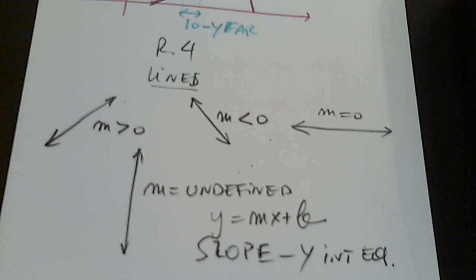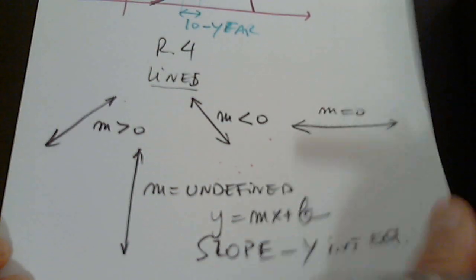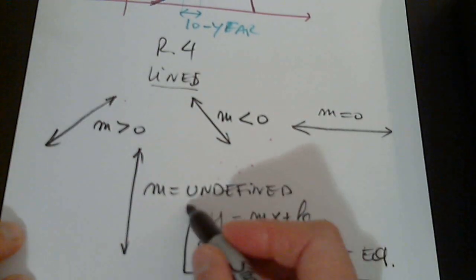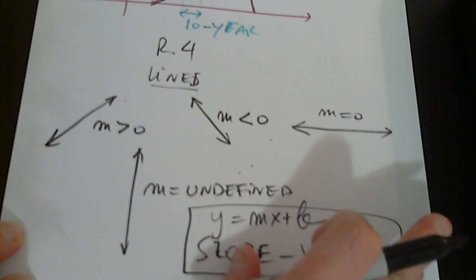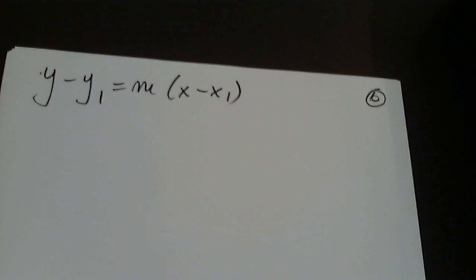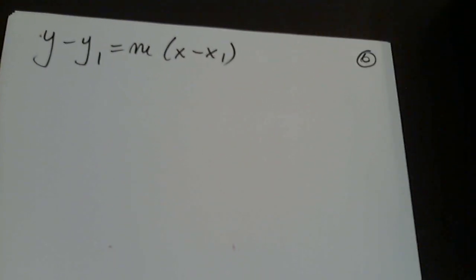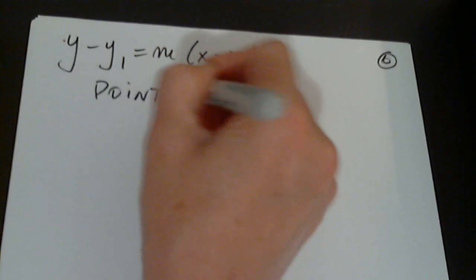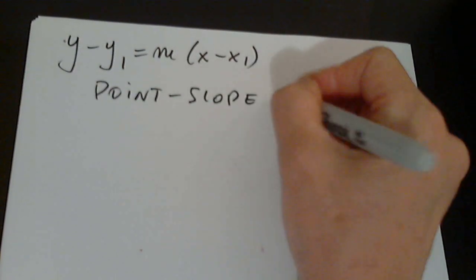We also have point slope form. So this is one thing. Here is the other. That's page 6. y minus y1 equals the slope times x minus x1. This is the point slope form.